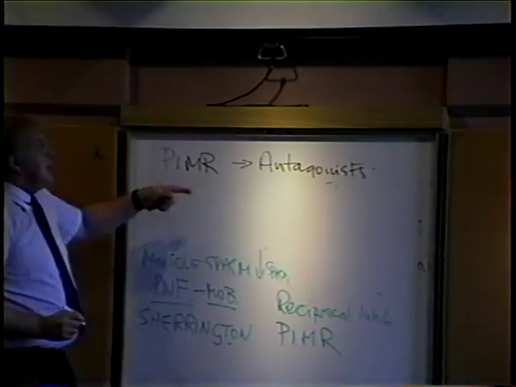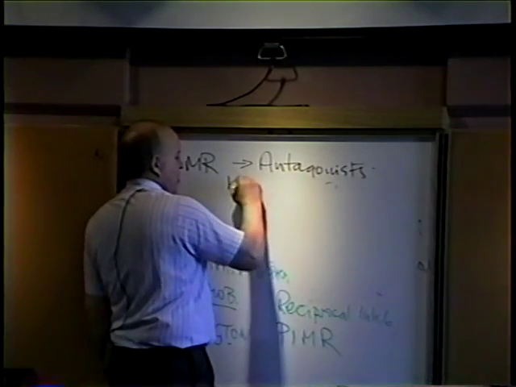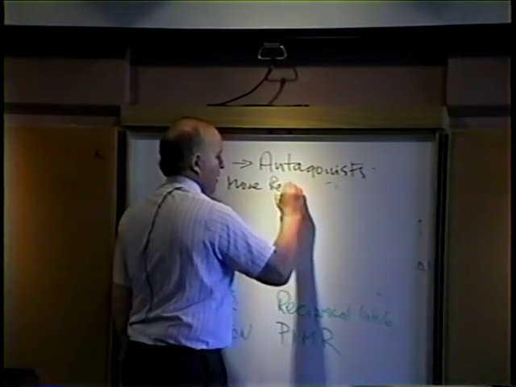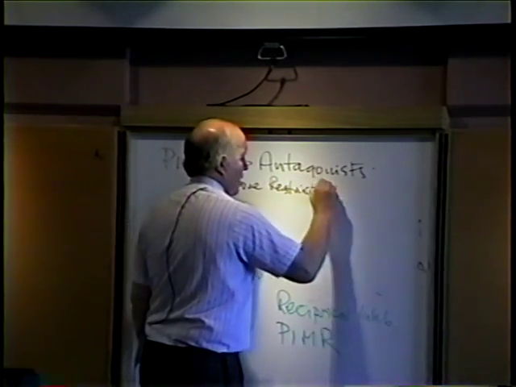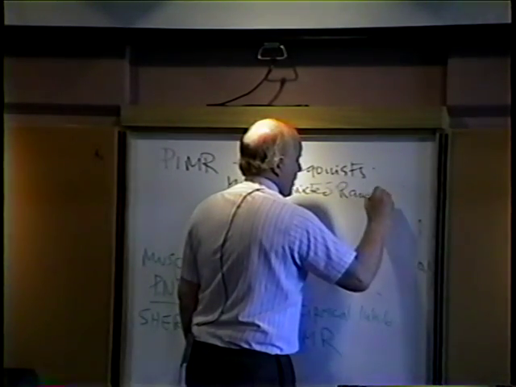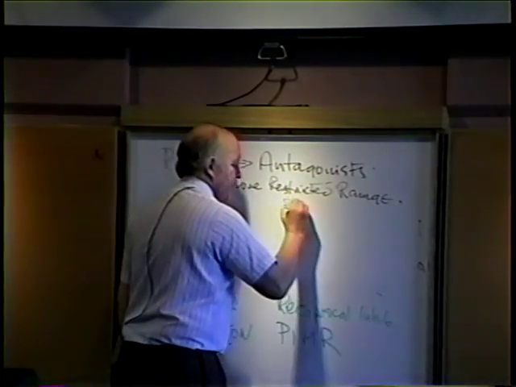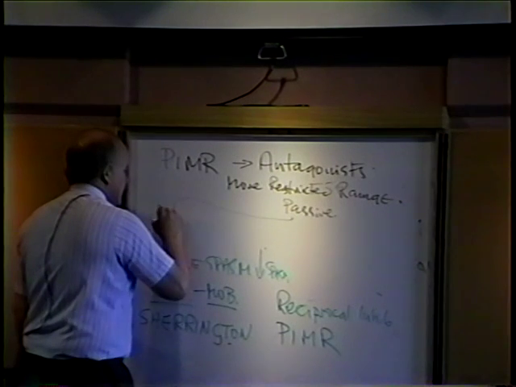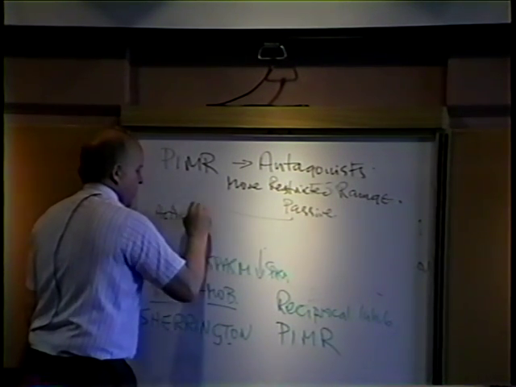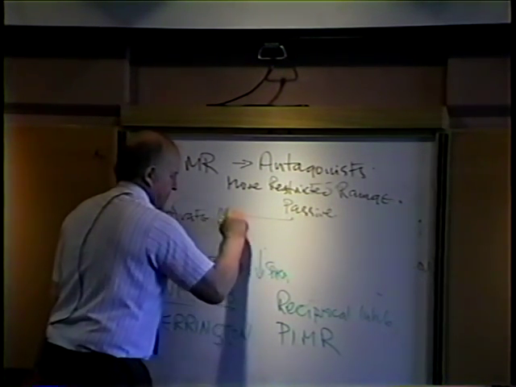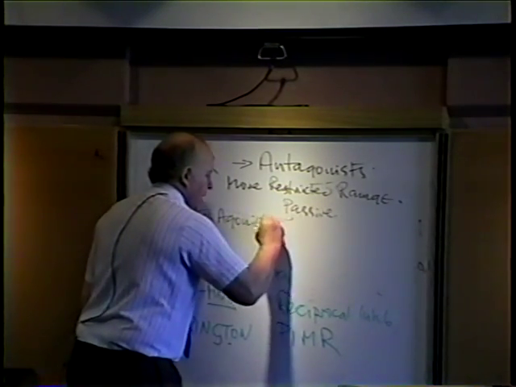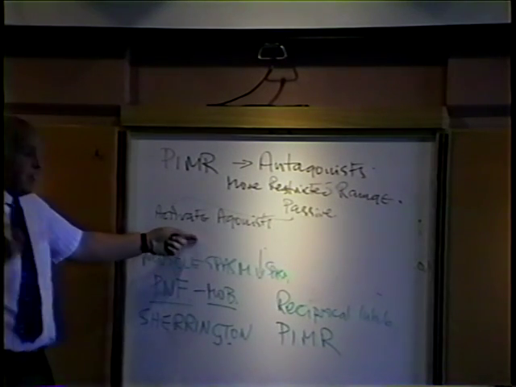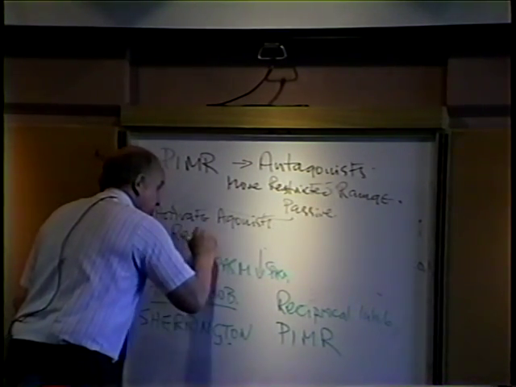And then we will move into the range, into the restricted range, either passively, or we can activate the agonists. And we can activate the agonists, which would now be utilizing the principles of reciprocal inhibition.